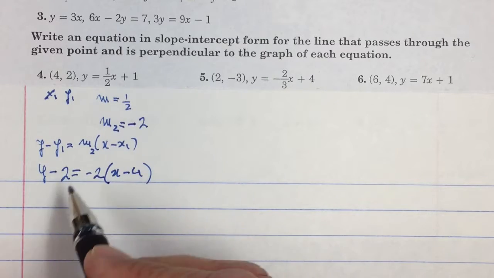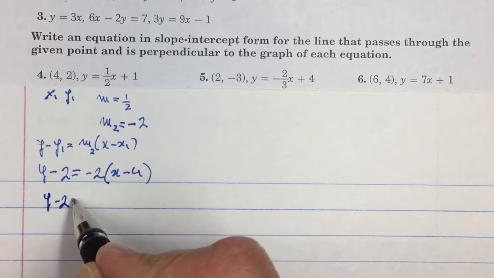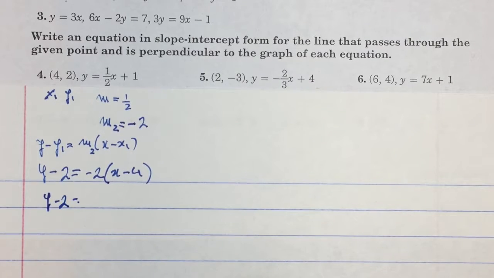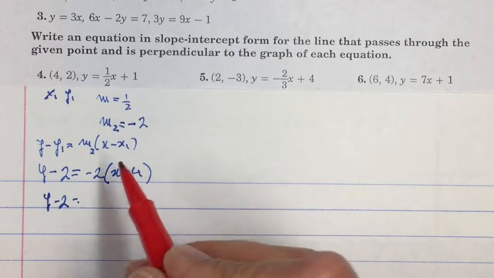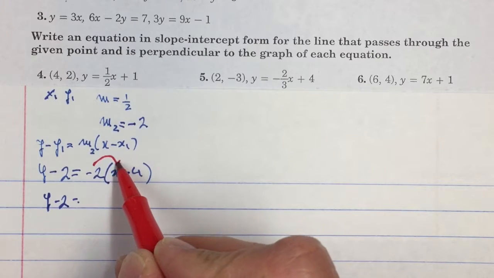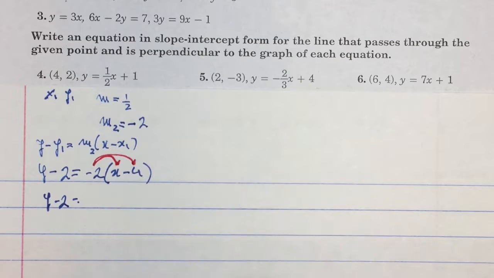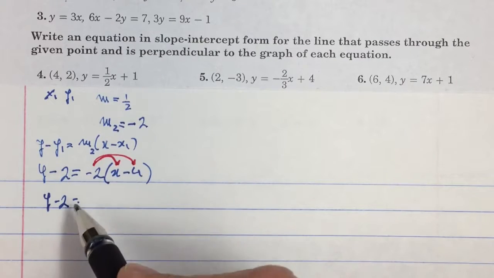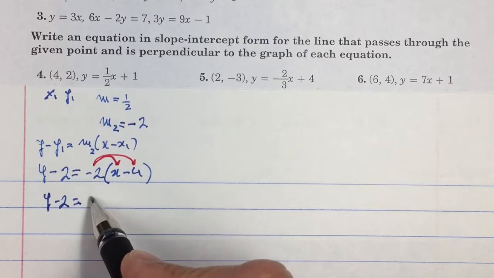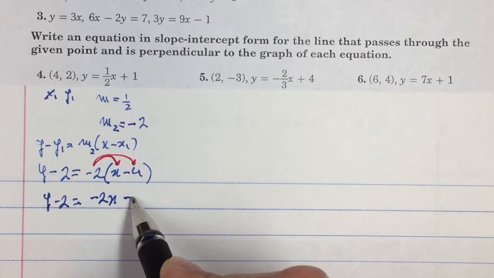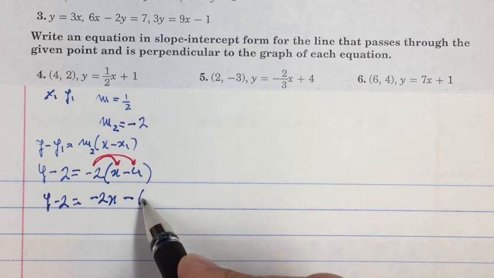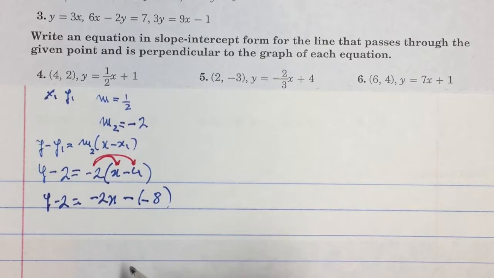So let's work a little bit on this one. Let's do y minus 2. Then we are going to do the distributive property, meaning the negative 2 is multiplying a parenthesis, so the negative 2 is going to be multiplying the first one and the second one. Okay? Let's do it. Negative 2 times x is negative 2x, minus negative 2 times 4 is negative 8.